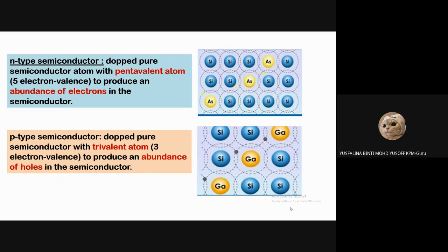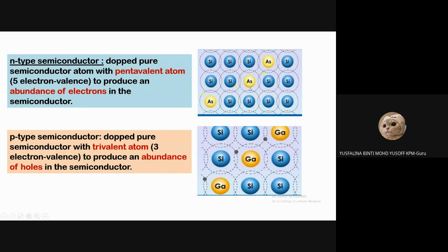You have to dope it with a pentavalent atom. So 4 plus 5, you get 9, which means there is an extra electron there. So we dope the pure semiconductor with a pentavalent atom to produce an abundance of electrons in the semiconductor. There are more free electrons here.